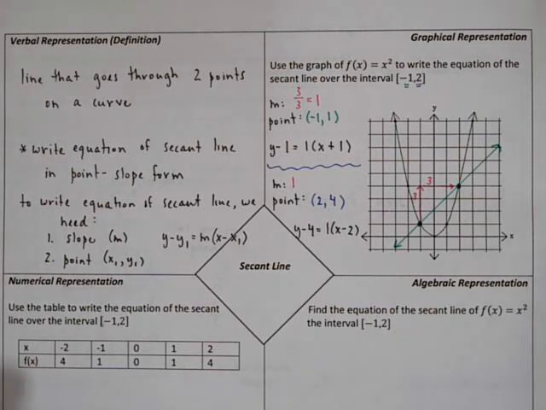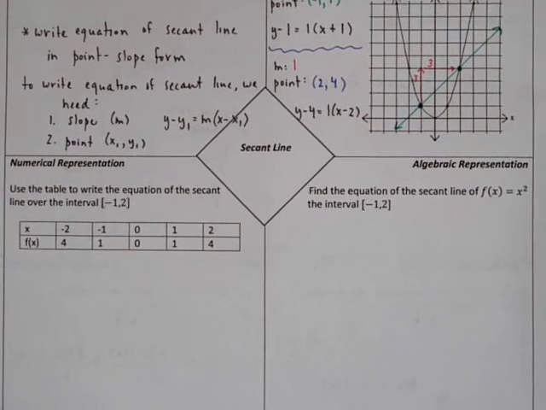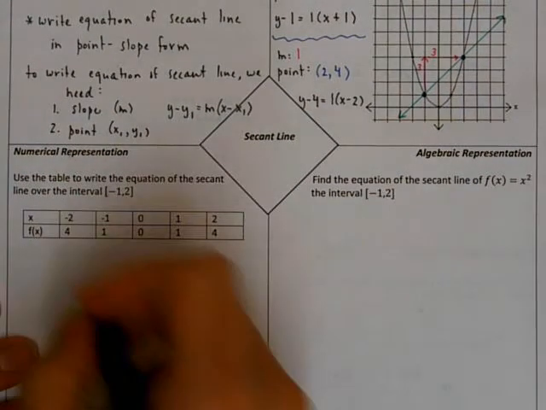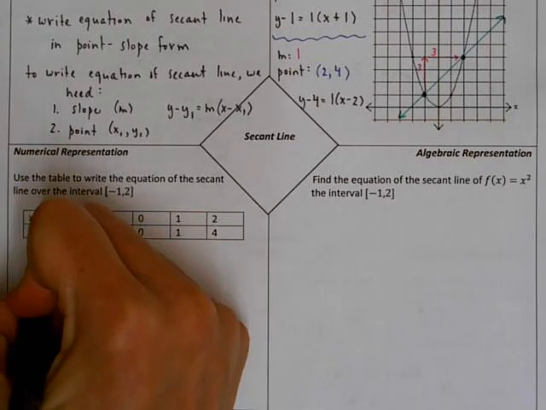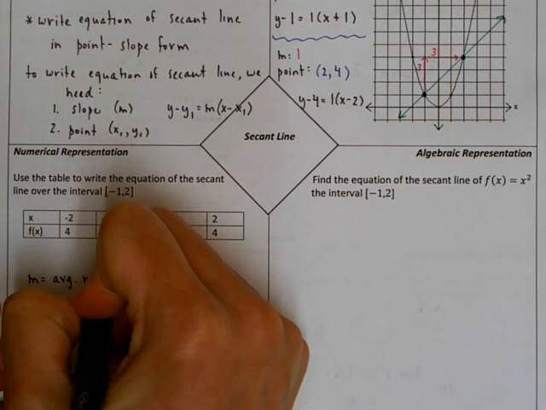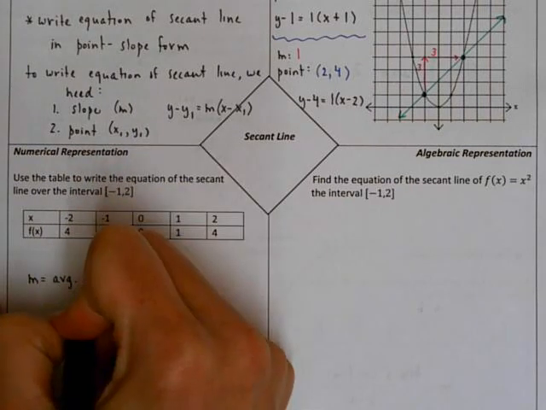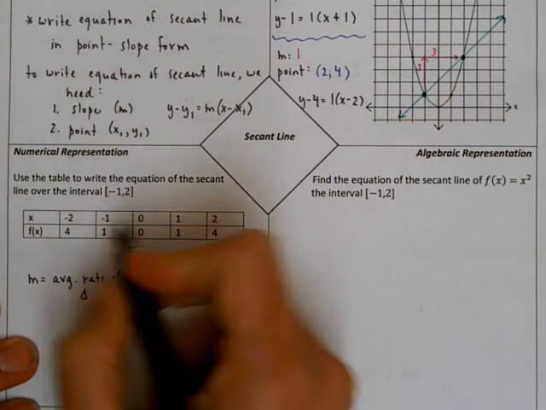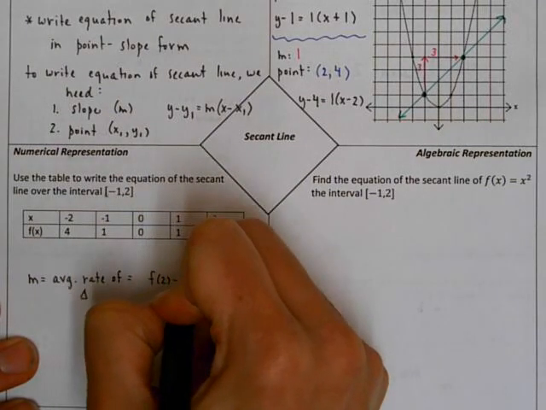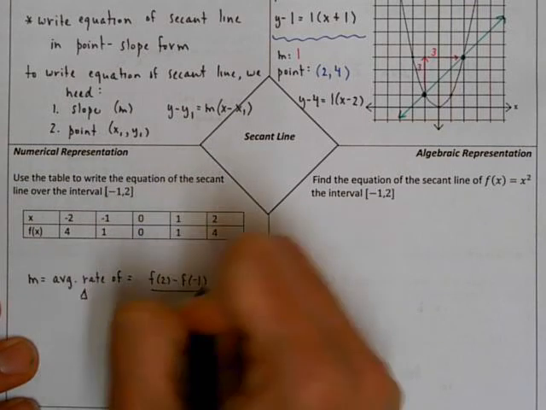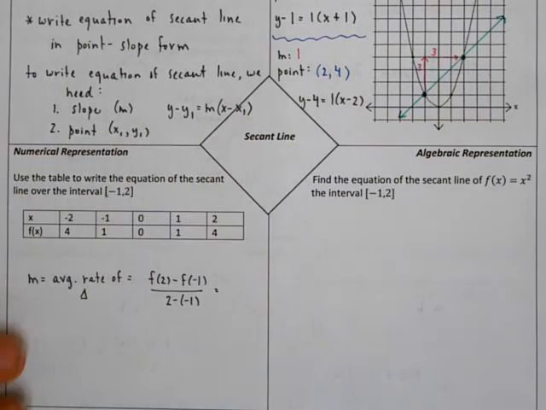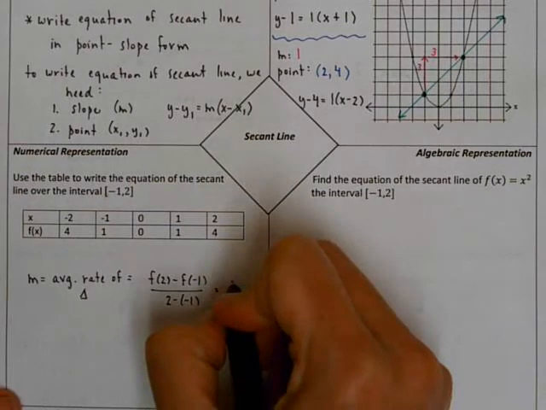Okay, now numerically, if we're going to write the equation of the secant line, again, we would need two things. We need a slope, which again, to reinforce the vocab, is our average rate of change. We need to evaluate the values at each endpoint, so f of 2 minus f of negative 1 over the change in x, which is 2 minus a negative 1, and we've already seen that this is equal to 1.